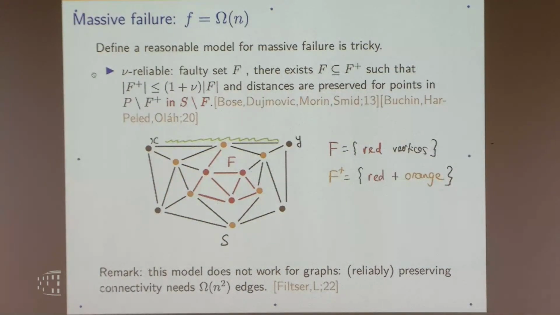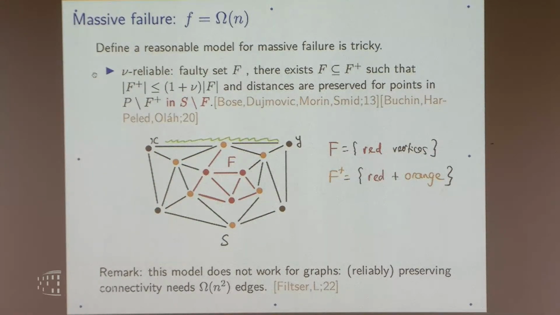So you can think of F as faulty points and F plus as dangerous points. For dangerous points, you don't have to preserve distances. You only have to preserve distances for points in the safety zone.